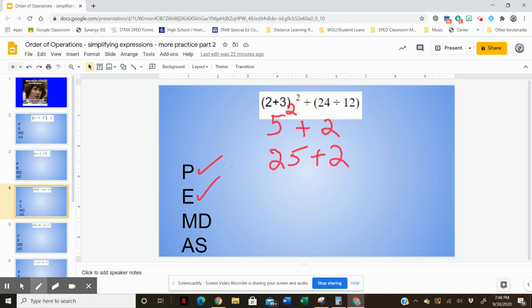I've taken care of my exponents. Now, is there any multiplication division? Nope. No multiplication division, but I do have some addition. So 25 plus 2, we know is 27. And that was our answer for that problem.